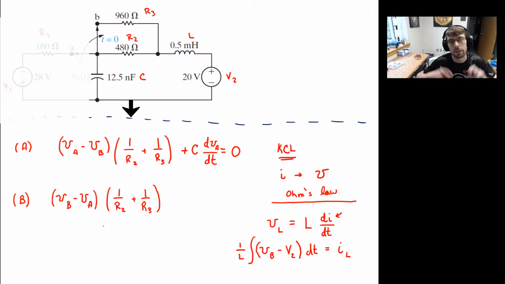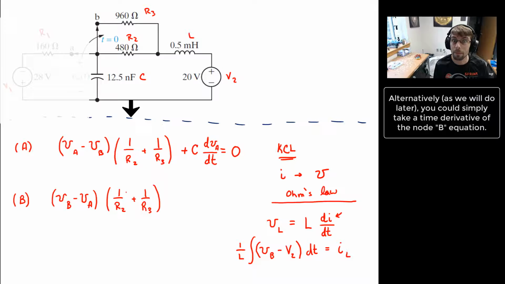Move the derivative, get rid of the derivative, if you will. So I have got my expression for, go 1 over L. I have now got my expression for the current flowing through my inductor.